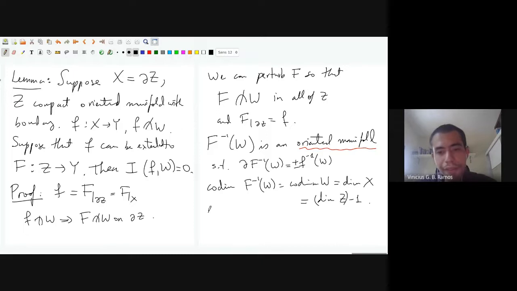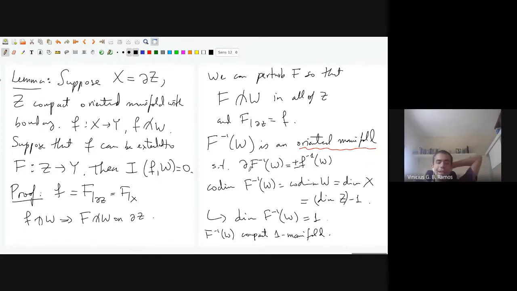So this implies that the dimension of the preimage of W by big F is equal to 1. So F inverse of W is a compact one manifold.